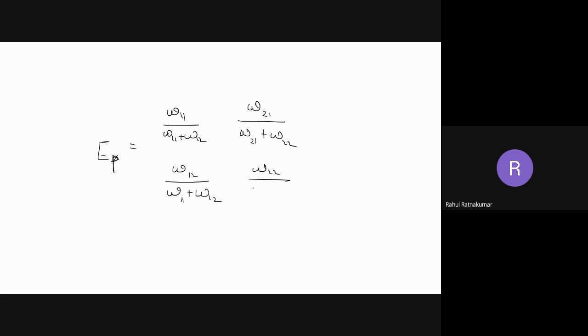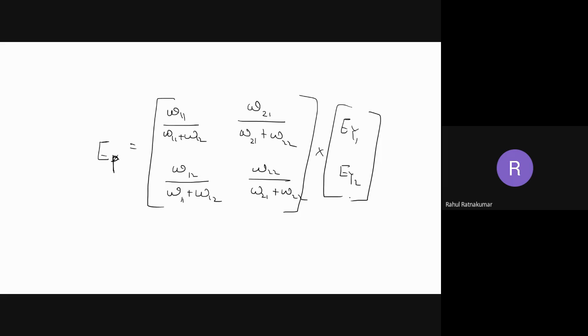W22 divided by W21 plus W22. So this weights ratio multiplied by error EY1, EY2. Okay, I think this sounds logical a bit. Okay, so the idea is, if we eliminate the common factor, we can see the normalization of the weights.